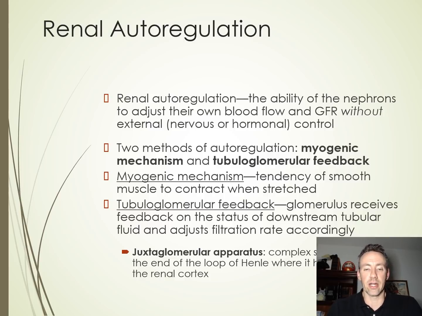Tubuloglomerular feedback, on the other hand, has to do with the fact that there are specialized cells within the nephron tubules that will detect an increase or decrease in GFR. To signal the afferent and efferent arteriole to constrict or relax in response, there's something called the juxtaglomerular apparatus. These are specialized groupings of cells that help to create the appropriate response.